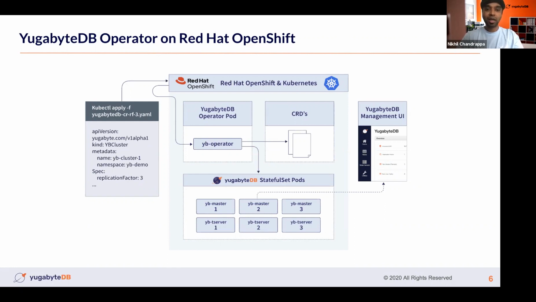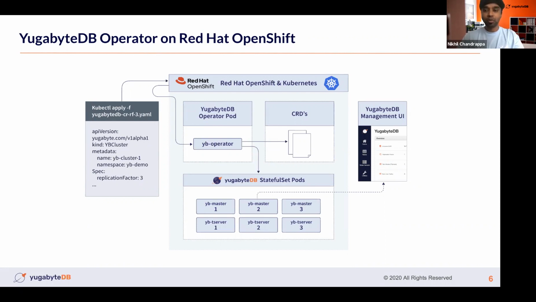Underneath, whenever we create this CRD of YB cluster, it's going to create two stateful sets for us. It's going to create a YB master stateful set. YB master is nothing but a coordination node within the YugabyteDB cluster, which is responsible for leadership election of the Raft consensus protocol that we use for our distributed system, and YB server stateful sets, which are responsible for actually storing the data, and apps connect to YB servers for fetching the data or querying the data, right?